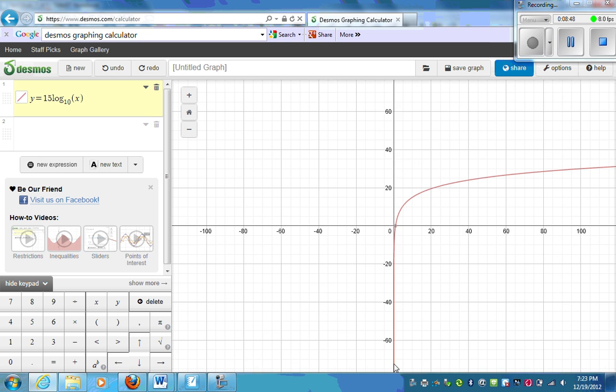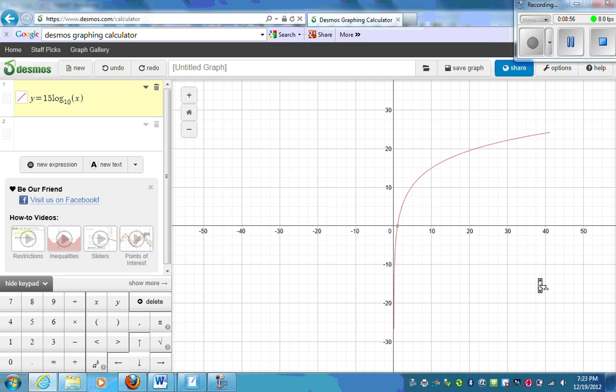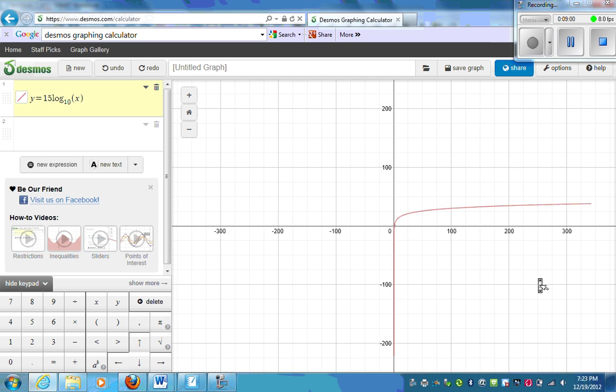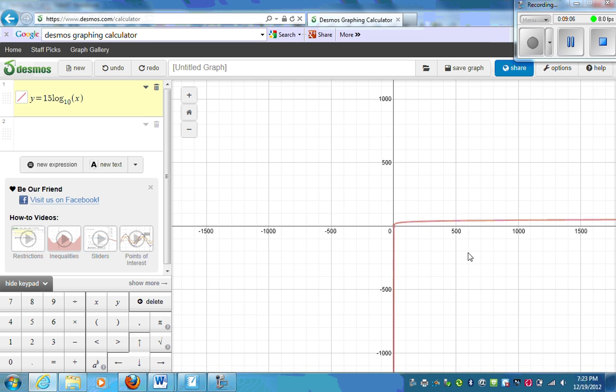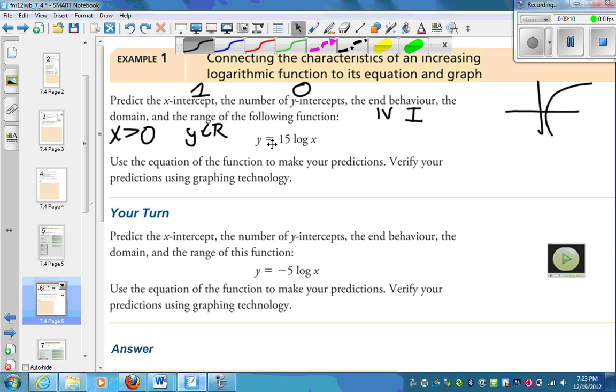Looks like no matter how far we go, there's no y-intercept. We said the domain, x had to be greater than 0. We said any y ever. Looks like if you kept going, it's going to keep increasing. And I think that was all the characteristics we saw, wasn't it? Yeah. Oh, and end behavior. We got that as well.